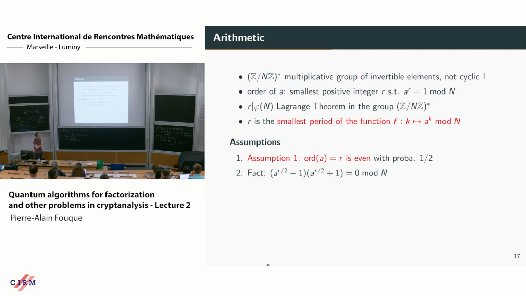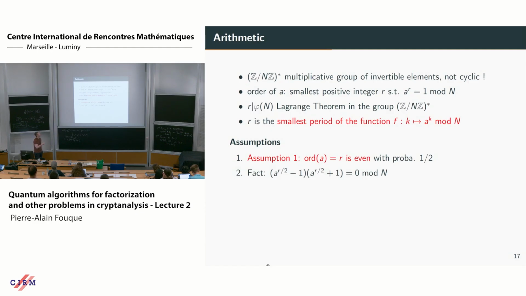Here you can see that we are in exactly the same situation as this morning, because I can always write a to the r as (a to the r divided by 2) squared.